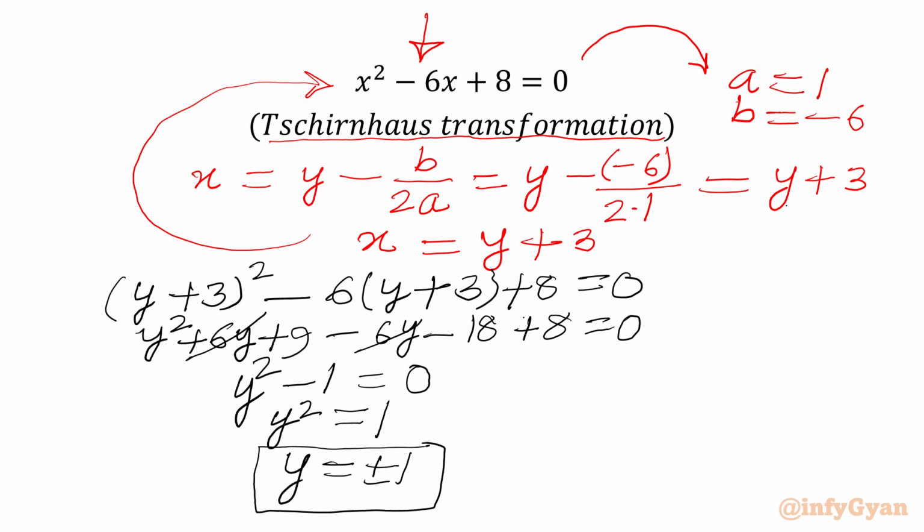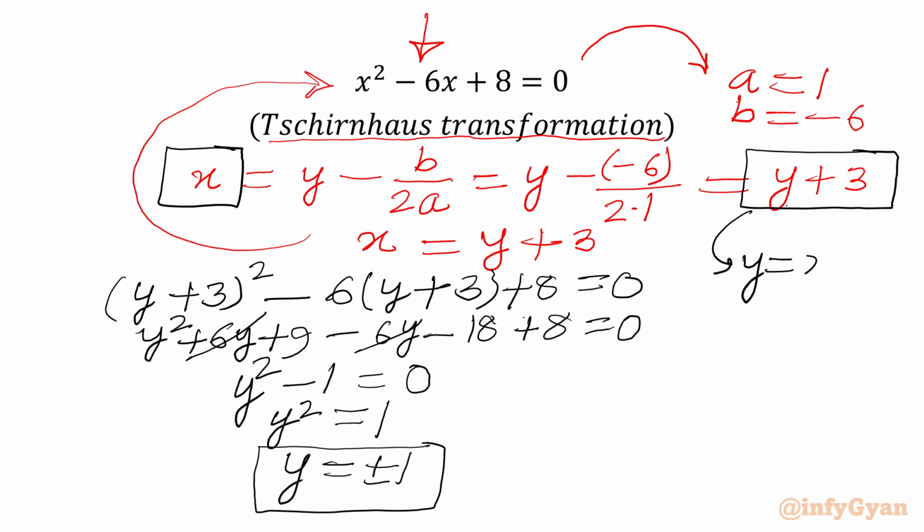Now we have x equal to y plus 3. So we can find y in terms of x, which will give us y equal to x minus 3. So here we can write x minus 3 equal to plus minus 1.